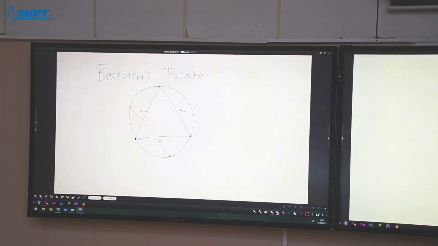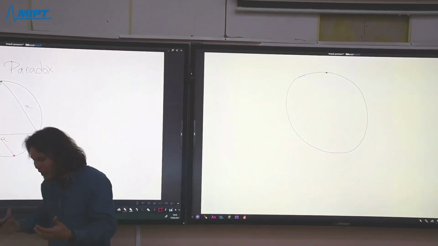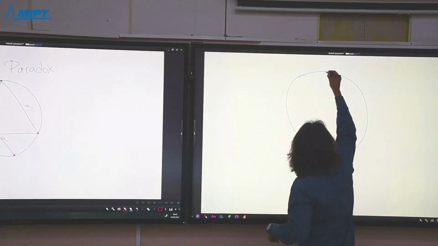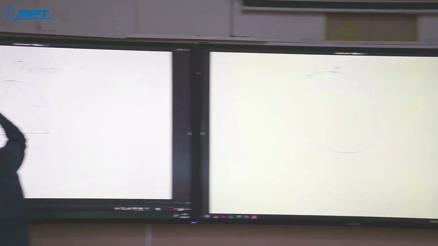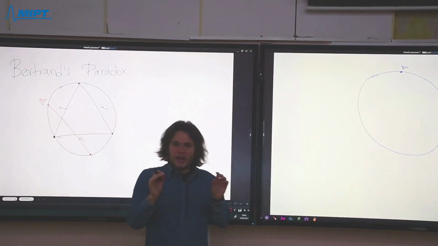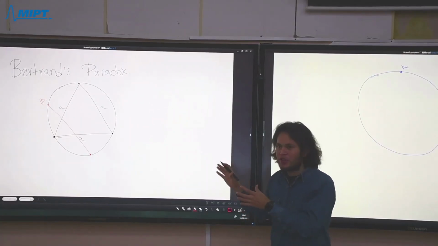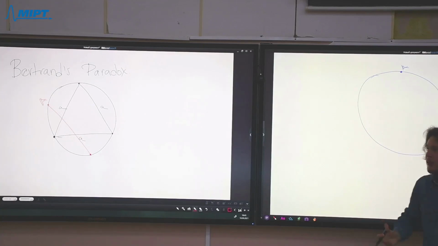So how are we going to randomly pick this? Let's do it the following way. Let's pick the first point A. Because of symmetry, A can be here, so we can just move it.